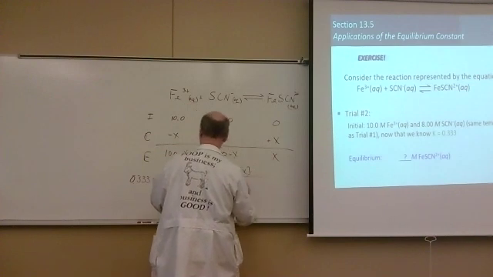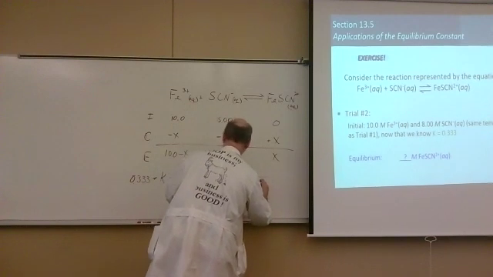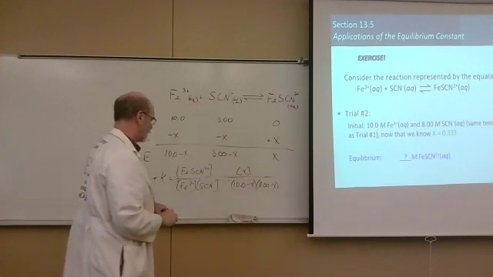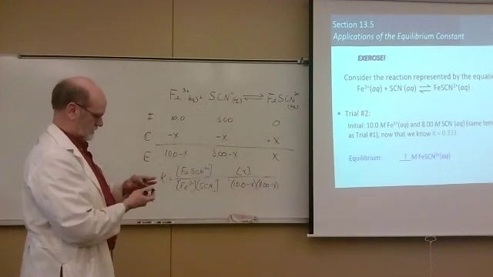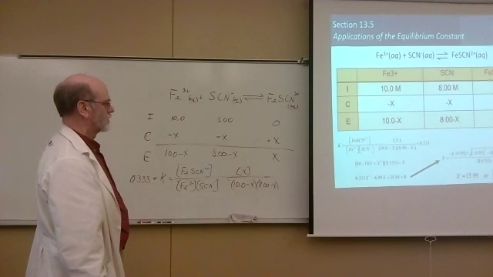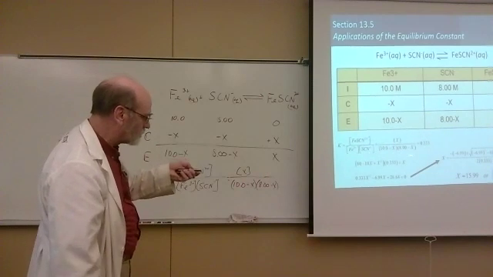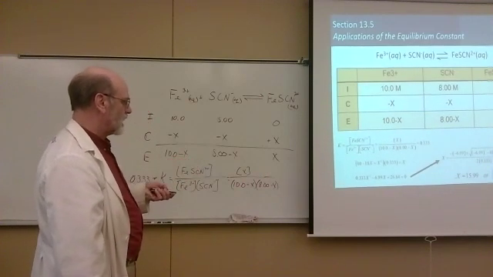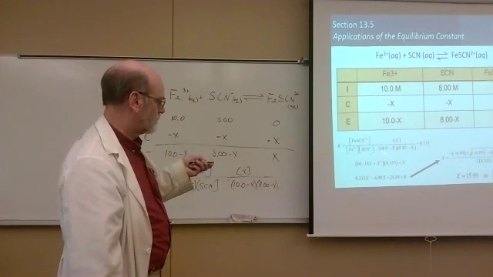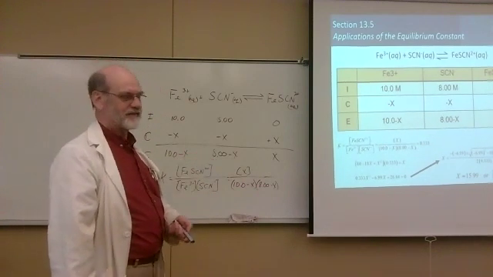X here, we have 10 minus X times 8 minus X. Here's the expression that I just put on the board right there. And then if we resolve this expression, we get a quadratic. Right?